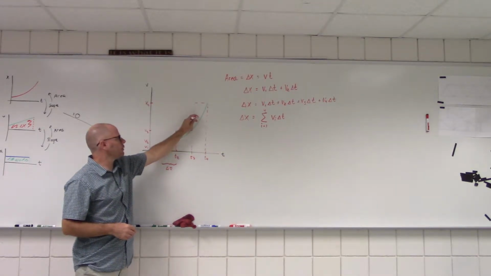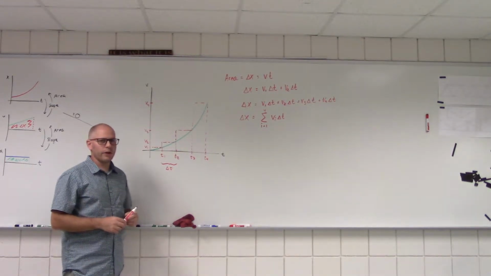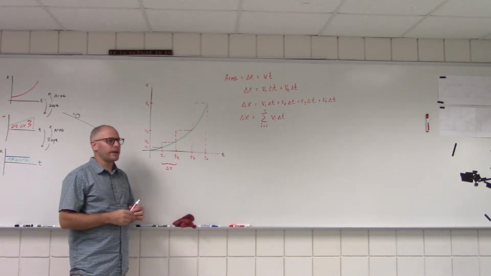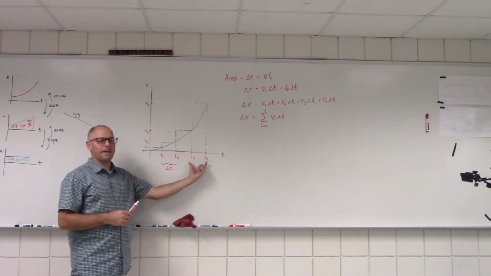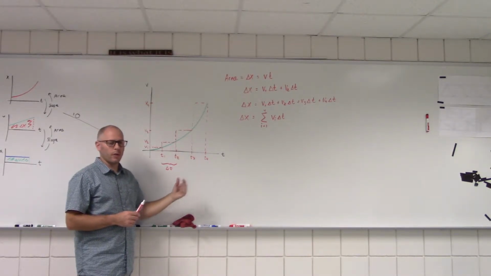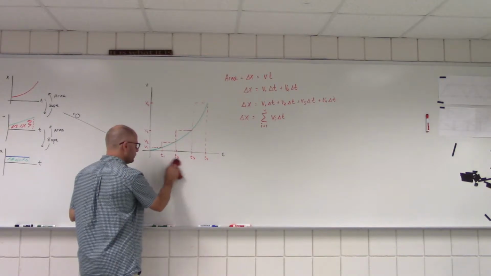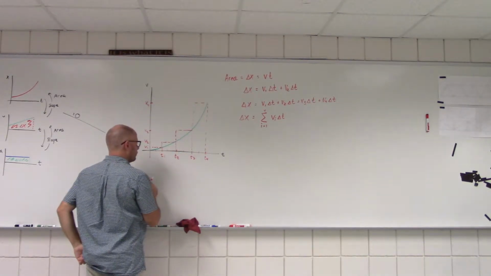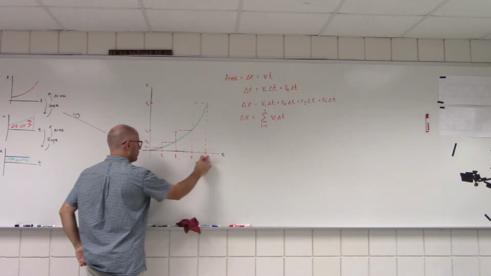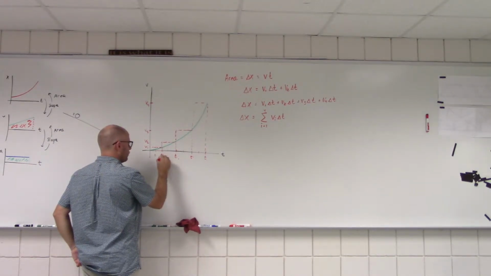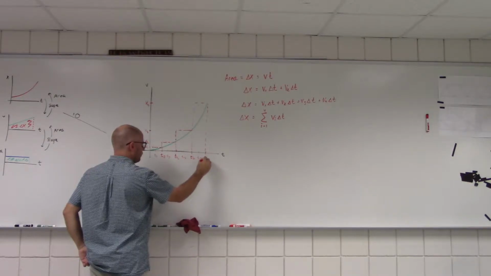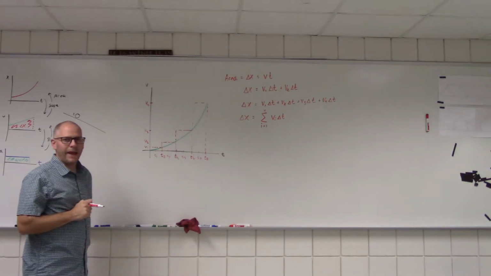Unfortunately, if you notice, I still have a good deal of error there. So what am I going to do? I'm going to do what I did before, and I'm going to take my delta t and shrink it by a factor of 2 again. We now have 8 times.